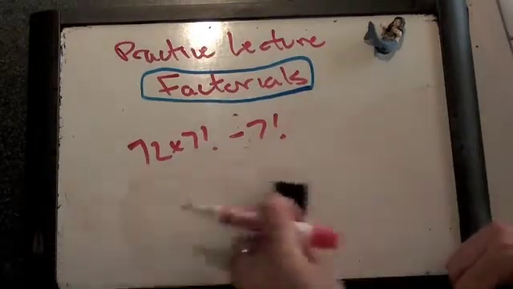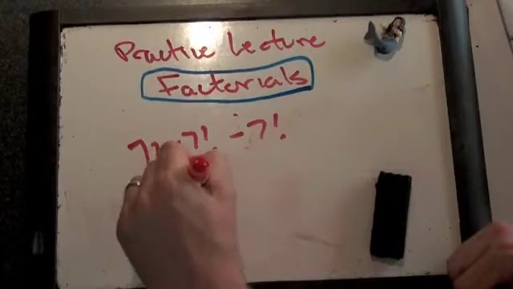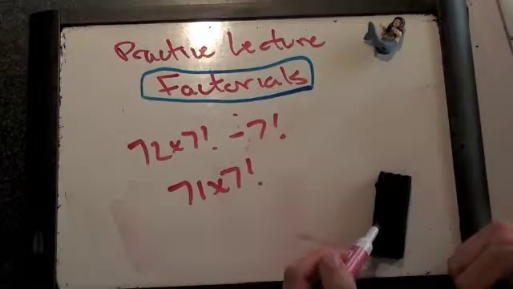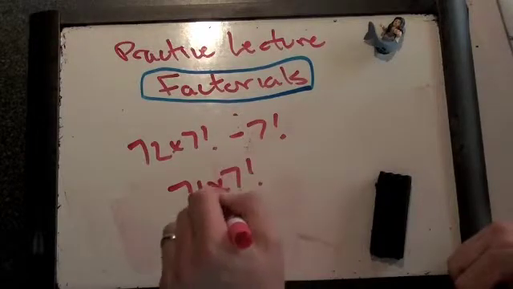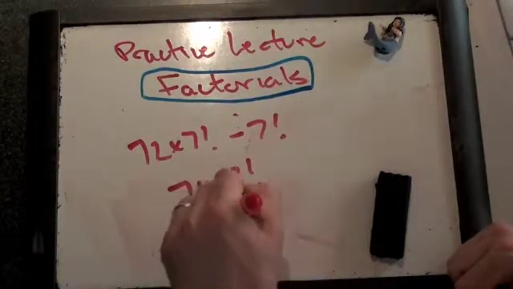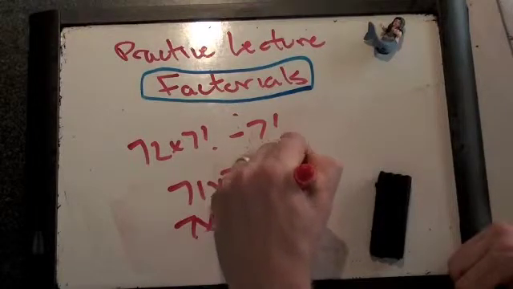So 72 times 7 factorial minus 7 factorial is the same as 71 times 7 factorial. Cool. And by the way, 7 factorial is 5,040. Whoa! This is 71 times 5,040.